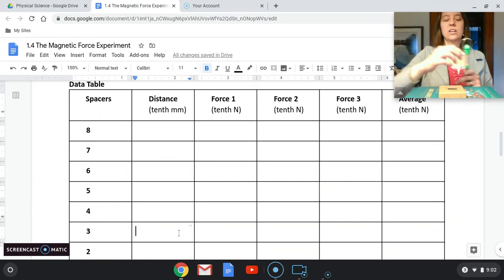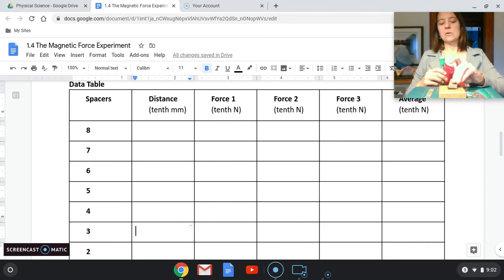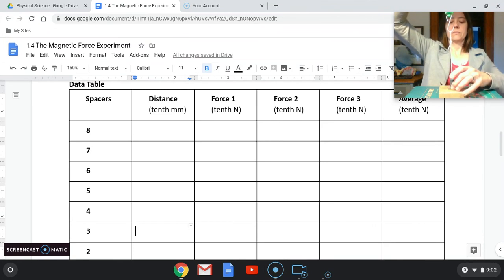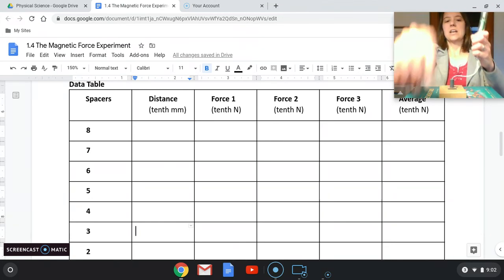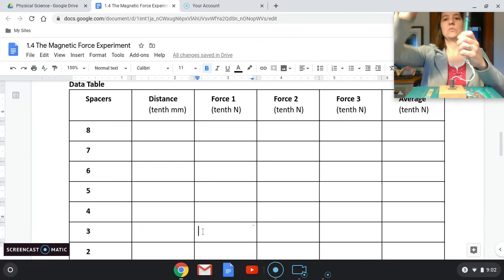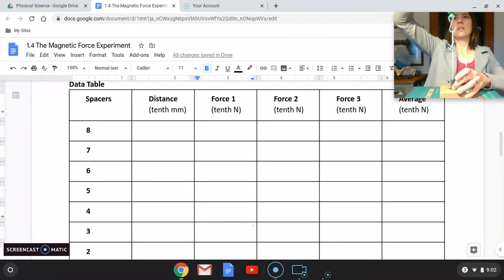And then we'll come over here and I remove 1. So we have a total of 3 spacers. So 3 times 1.1 equals how many millimeters? Write that down. And then let's move to trial 1.